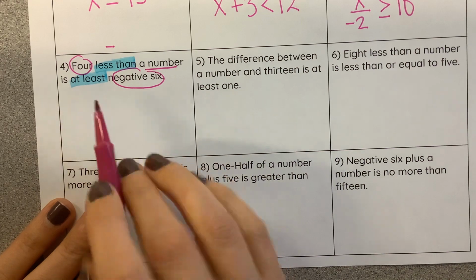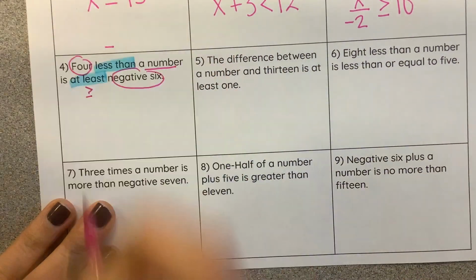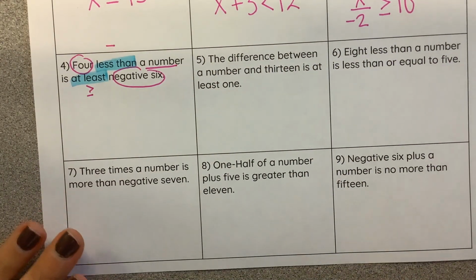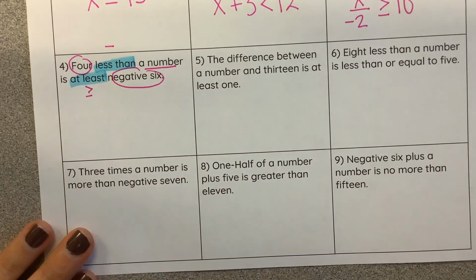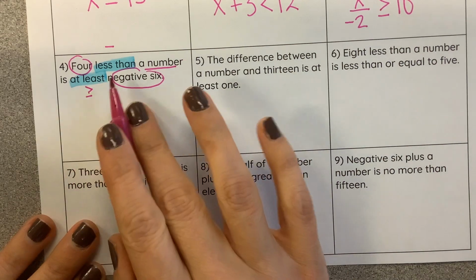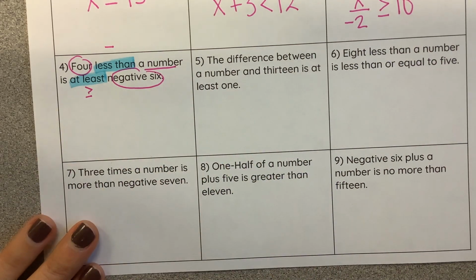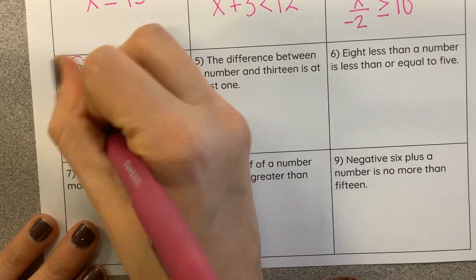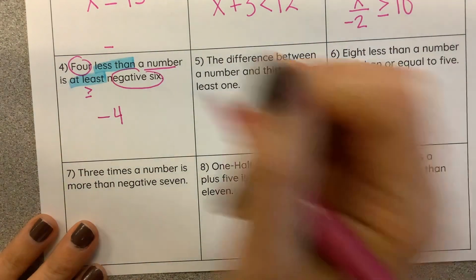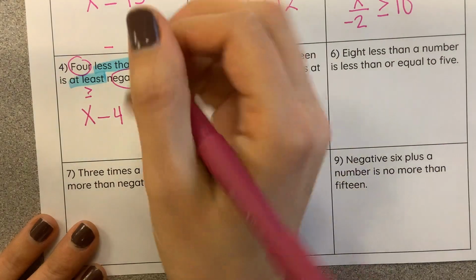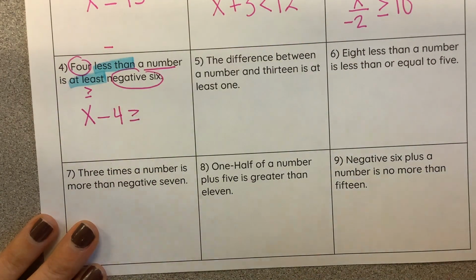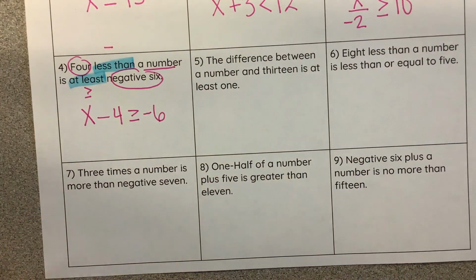And is at least tells us that is our inequality symbol. We're not going to have 2 inequality symbols, so if you're not sure whether the less than is the inequality symbol, keep reading and you'd see that at least is. So 4 less than a number, remember with subtraction, the order matters. 4 less than a number means I'm subtracting 4 from my unknown number. And that is at least, so it's X minus 4 greater than or equal to -6.